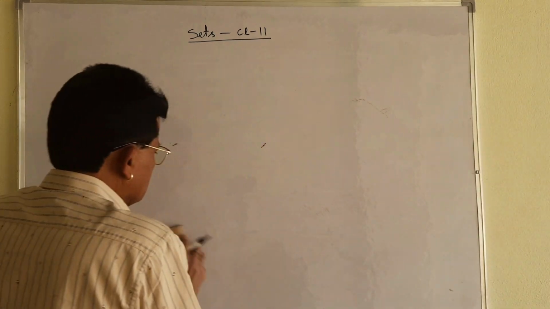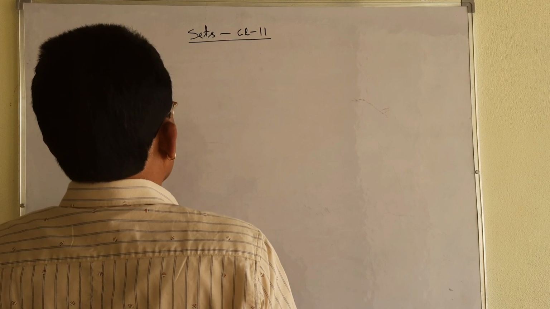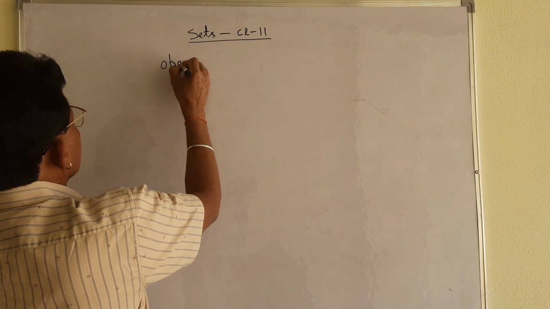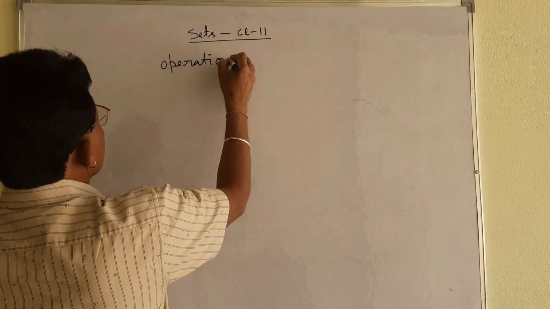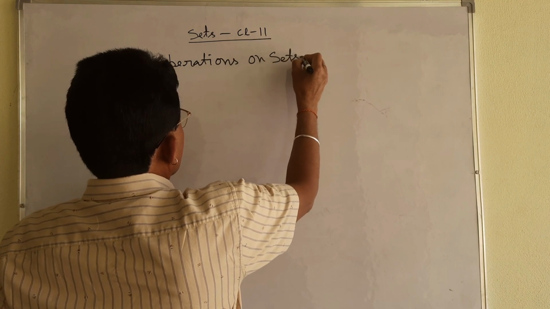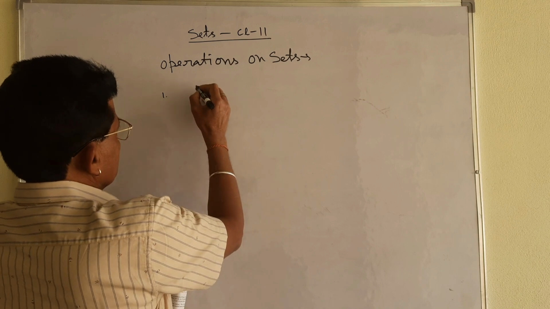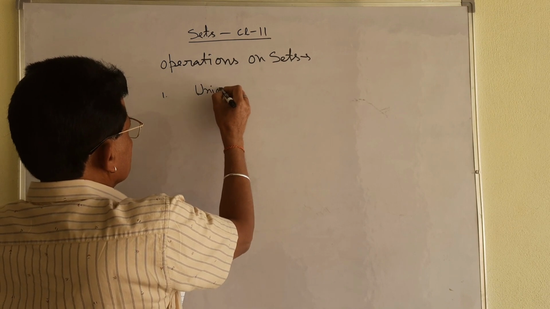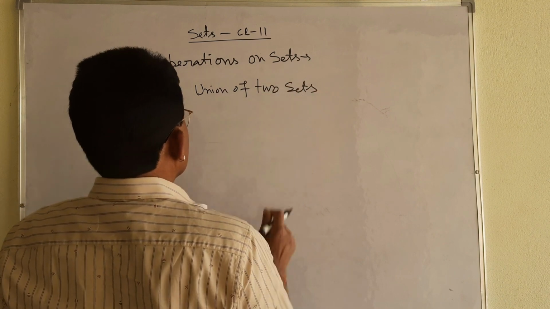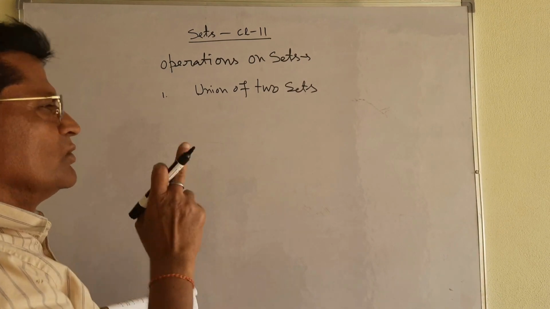Operations on sets are also simple, because first of all we will discuss the definition as well as the formula. Operations on sets. You see, first operation, number 1, union of sets, union of two sets.